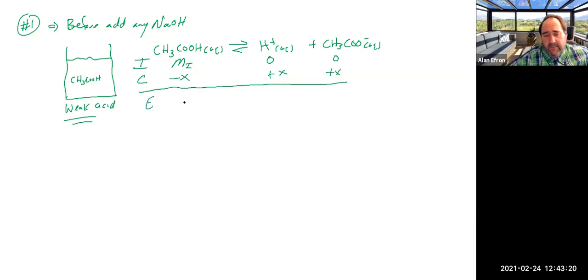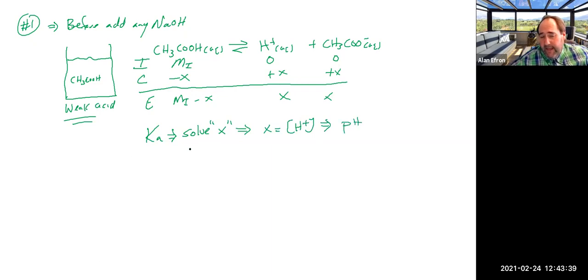We would have our initial molarity minus X, X, and X. This goes into our Ka, and we would solve for X. In this case, X would equal the H plus concentration, and then we could get to the pH at this point. So again, this is a problem we've done before in chapter 14. It's basically a Ka problem.